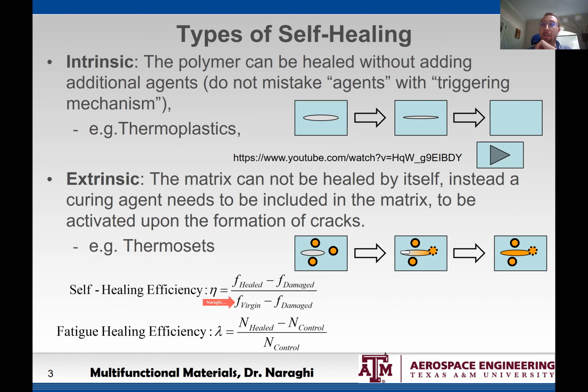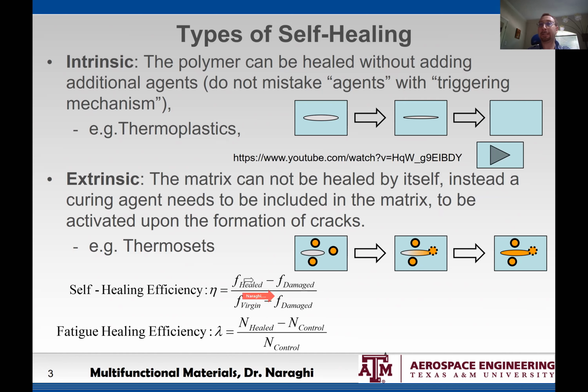After the crack grows, at this stage, before any healing has happened, I measure another strength of the material, and I call it the strength of the damaged. Now I heal it, and I measure another strength. I then compare the change with respect to the damaged case, that is, in both cases, it's in the denominator and the numerator.